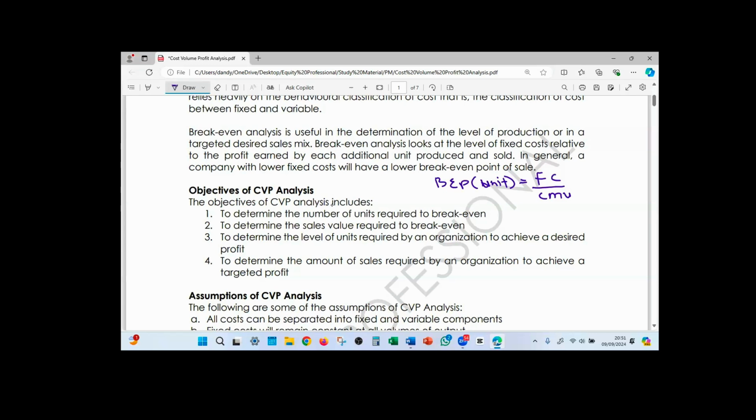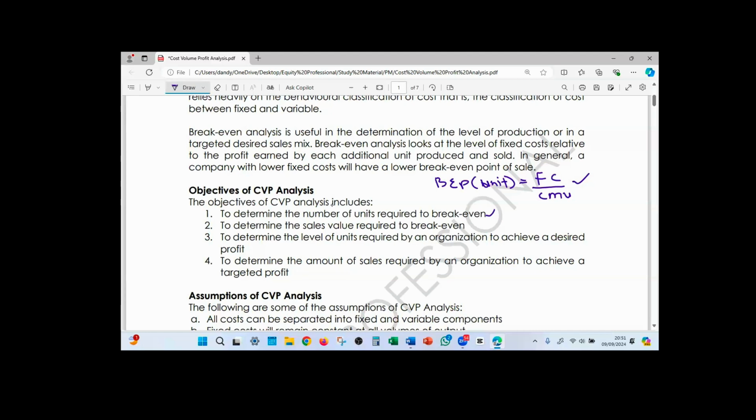So for that first objective, which says to determine the units required to break even, this is the formula you're expected to use to calculate the number of units to be produced for the company to be able to break even.